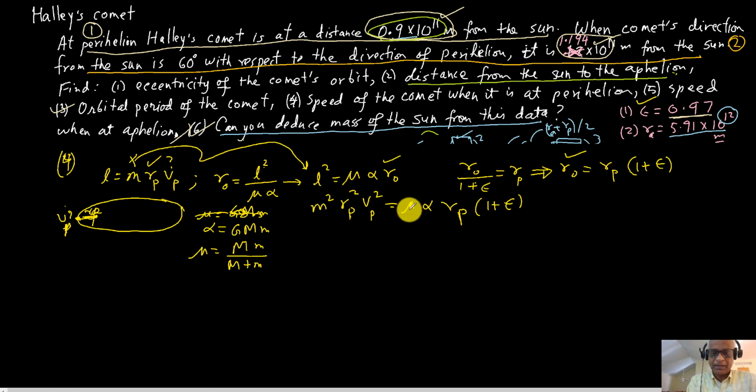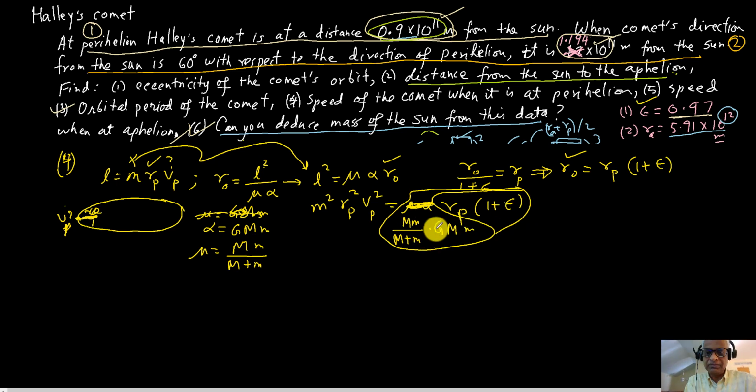Okay, let's replace these with M m over M plus m, and alpha will be G M m. So this thing is all on the right side. You can see that this m, let me get a different pen, this m cancels this m squared. This r_p cancels one of the r_p's.